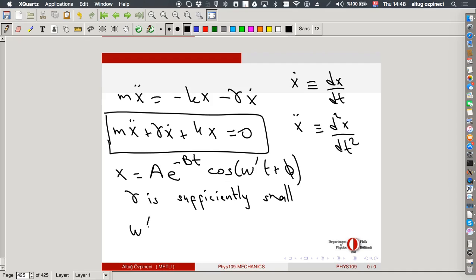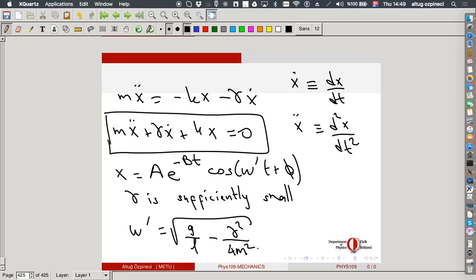Well, this omega prime, remember, if there is no damping, if gamma is 0, omega we already know should be square root of g over L. Now, with these coefficients, omega prime is the square root of omega squared minus gamma squared divided by 4m squared. So this is the exact frequency.